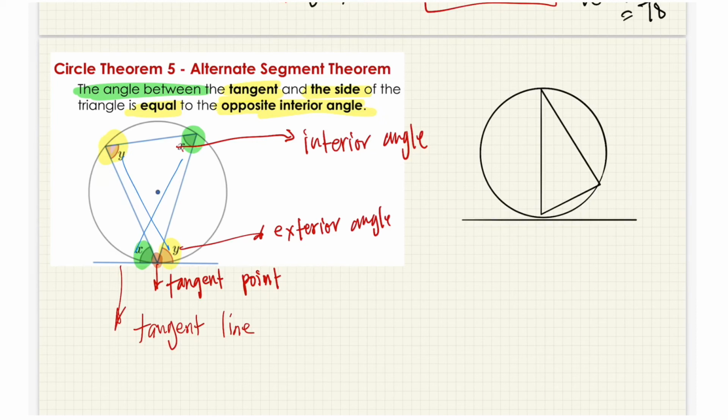We have a tangent point there, and the angle here is equal to 19 degrees. Let's mark it A, B, C, and D. This is E.